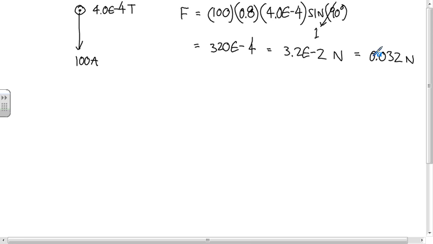So your fingers do that, and the force direction is to the left, which is towards the other wire.